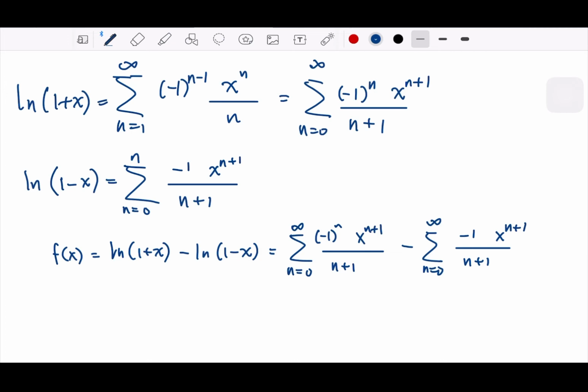Since it's negative, it becomes plus, right? It becomes plus.